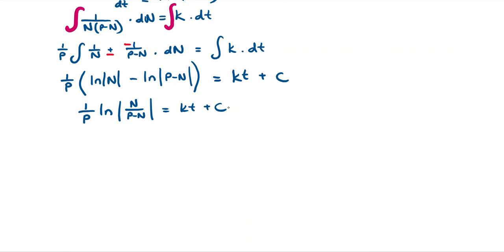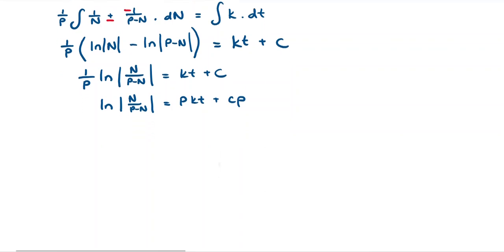Okay, so times the p across first. So ln of n over p minus n equals p times kt, and p times c. Yes, I know I could make another constant there, but I'm not going to change it yet.